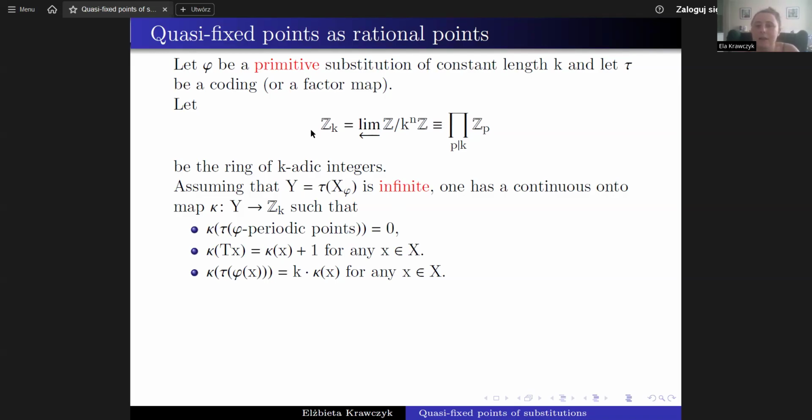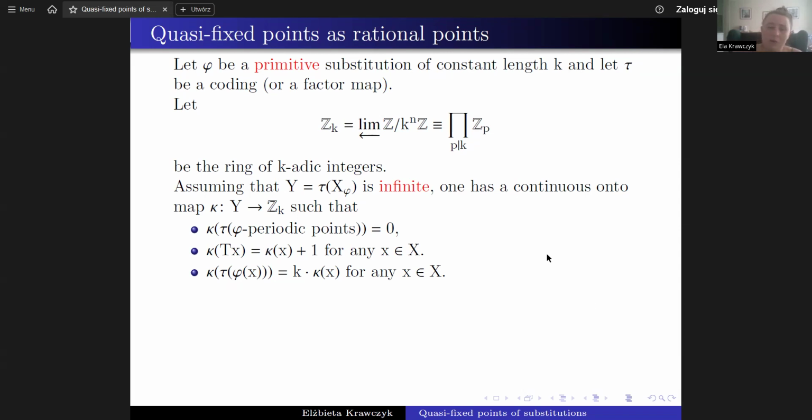And in this ring, I can treat the integers Z as a subset of Z_k. These are going to be sequences which are eventually constant. And then as long as my integer is coprime with k, I can invert it. Okay, so I have a set of rational points in Z_k.